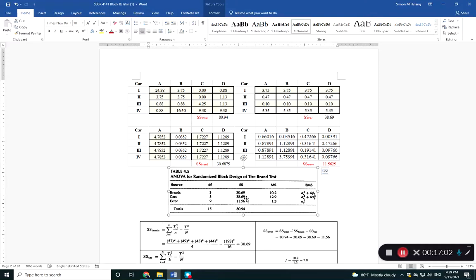Okay? So later on, this is kind of like the accounting, the thing we always have in mind about the economics of design of experiment. Always use few degrees of freedom, but take away as much sum of square as possible. That usually is what we would like to get.